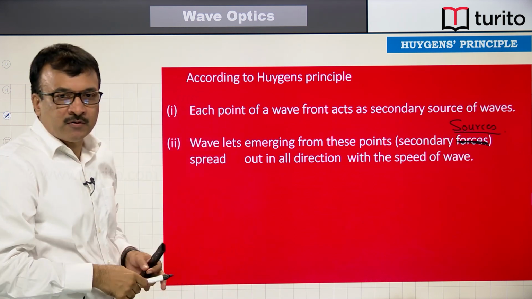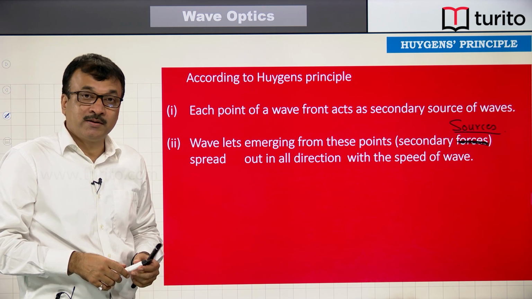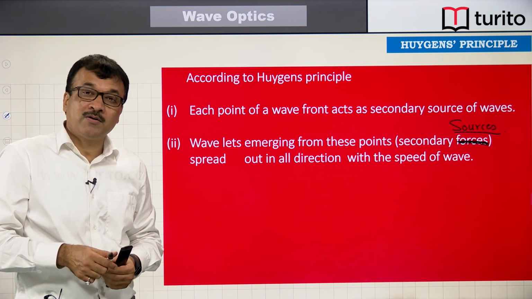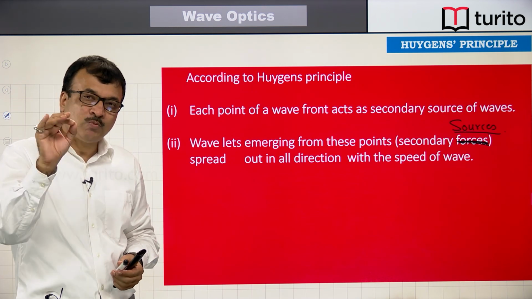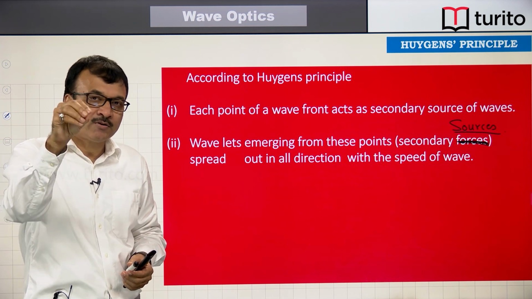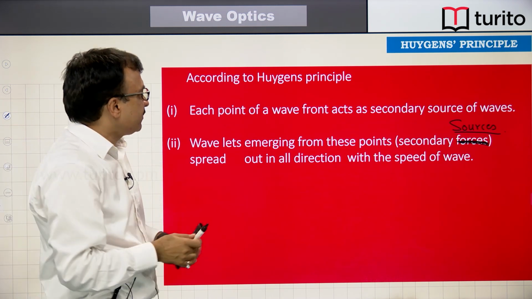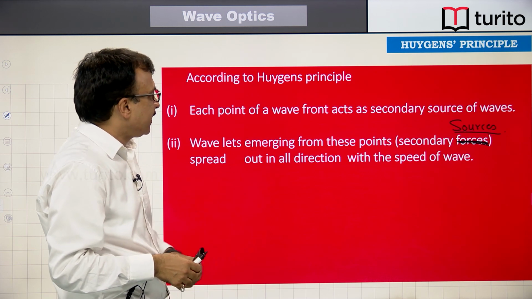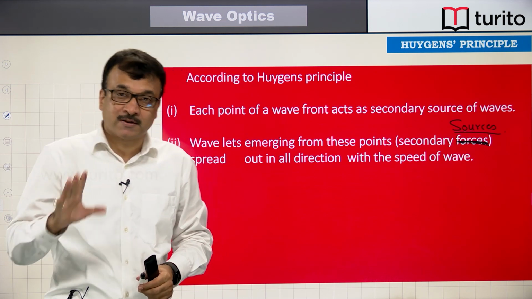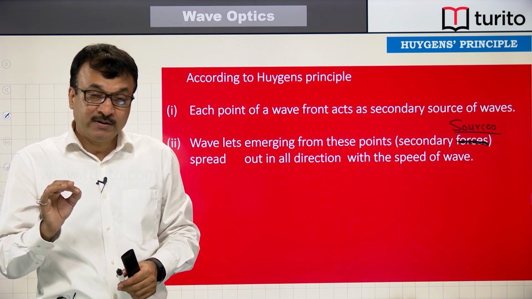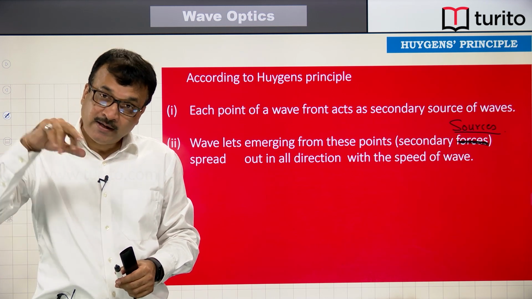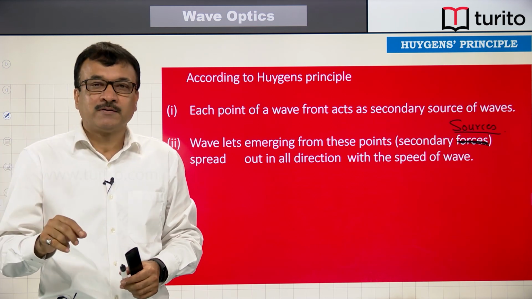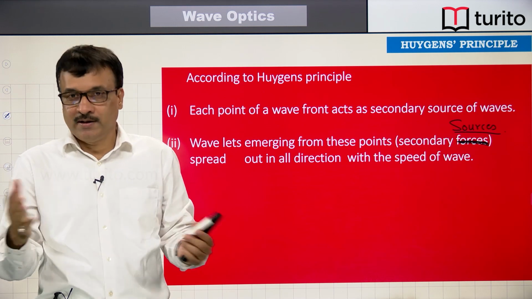Okay. So wavelets emerging from these points means the points which are on the wavefront, and each point on the wavefront is behaving like a source itself. They spread out in all directions with the speed of the wave, but there is a difference. These secondary wavelets do not have the same amplitude in all directions.